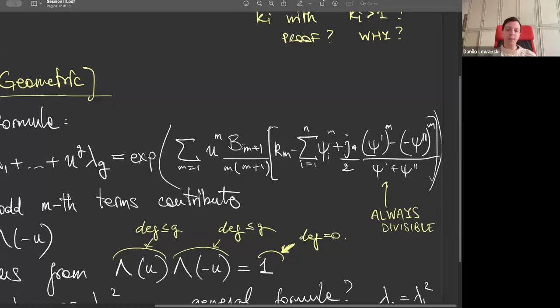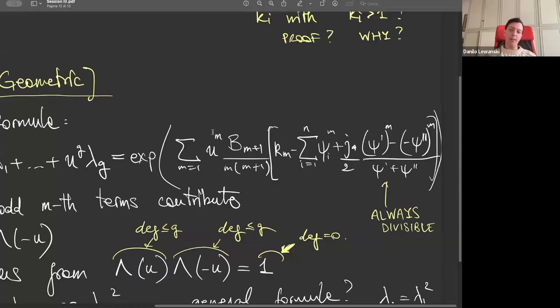So B1 is not 0, but B3 is 0, and B5 is 0, and B7 is 0, and so on. So now, you cannot allow this m plus 1 to be odd, meaning that you cannot allow m to be even. And if you're worried about the first Bernoulli number, B1, this only happens whenever m is equal to 0, but m is never 0 because the sum starts from 1.